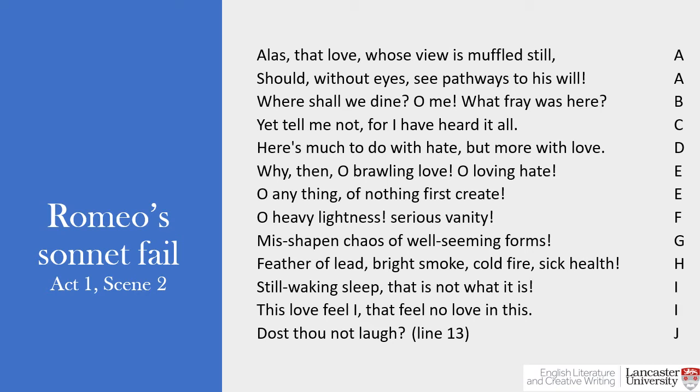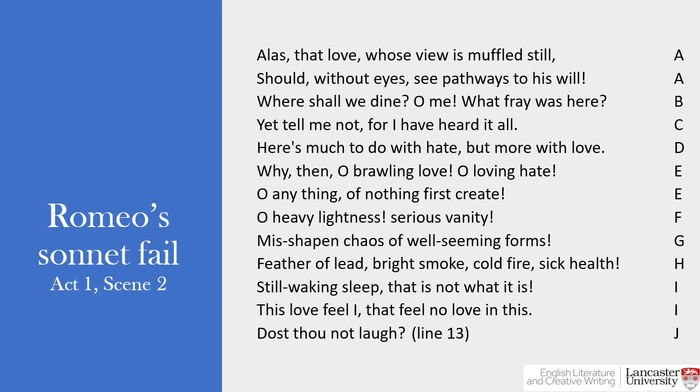Now, what's really interesting to me is the fifth line is an incredibly famous line. It's quoted everywhere. It's one of the most beautiful lines in the play. "Here's much to do with hate, but more with love." And it shows that he's got the potential to write good poetry, but then he goes off into the oxymorons that I talked about in the language and character video.